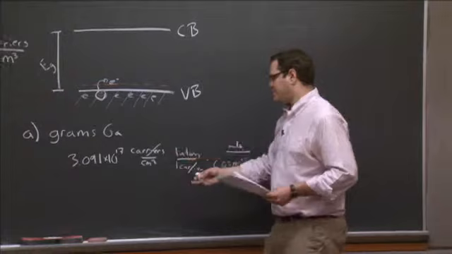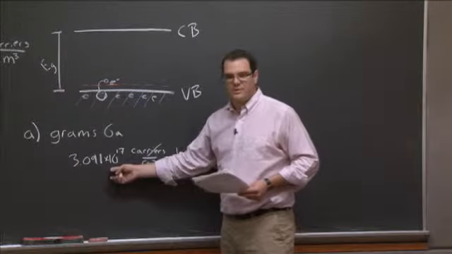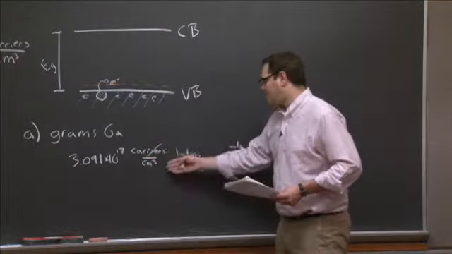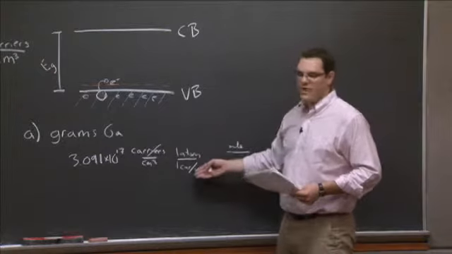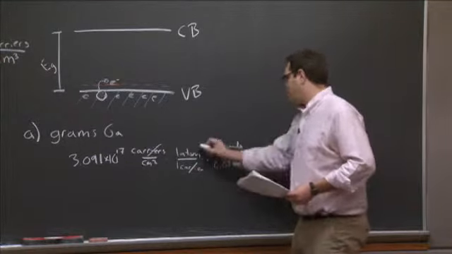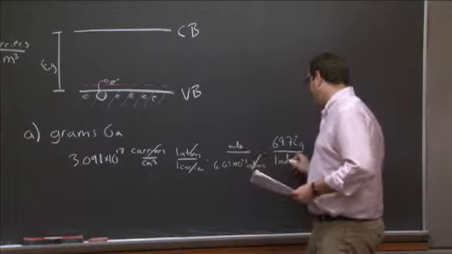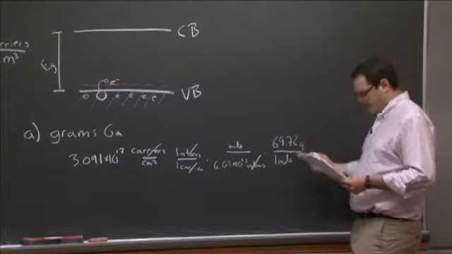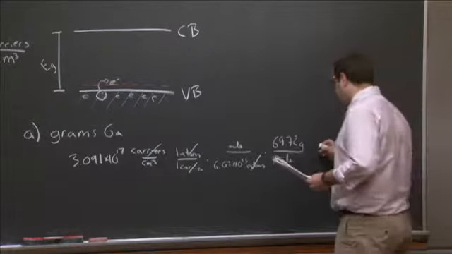Let's do our dimensional analysis. We start off, we're looking for this particular concentration, carriers per centimeter cubed. We have one atom creates one carrier, okay? 1 mole has this many atoms, and 1 mole, in this case, of gallium.